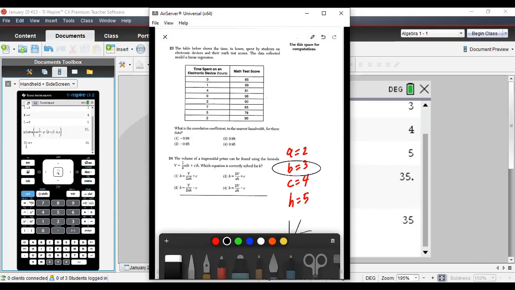So let me go and do that real quick. So let me erase this. So I'm going to go through and enter each equation.